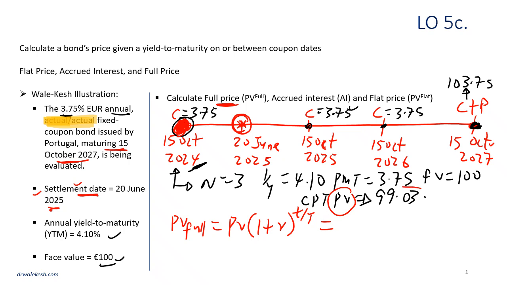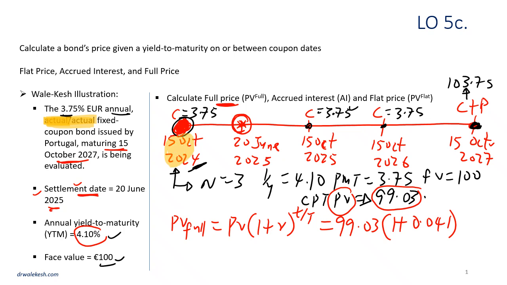The PV is this, that's 99.03, then times 1 plus the yield. This is the yield here, which is 0.041.